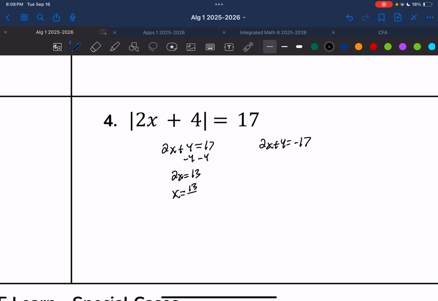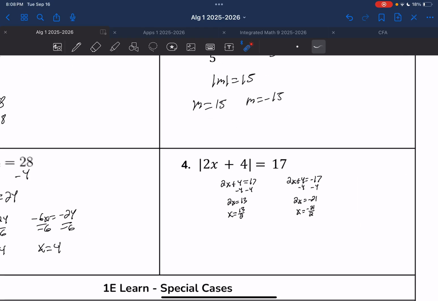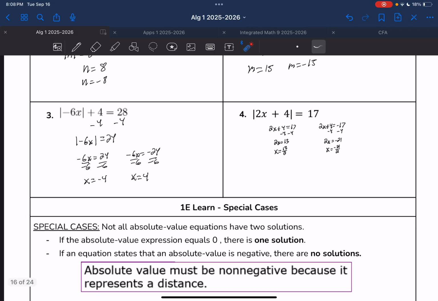It means that x is equal to 13 over 2. And over here, we're going to get 2x is equal to negative 21, meaning that x is equal to negative 21 over 2. Notice how this is not just the positive and negative of the same number. They're kind of different numbers. You could even have two positive numbers or two negative numbers, so just make sure you're following the process and not just assuming what the answer will be.